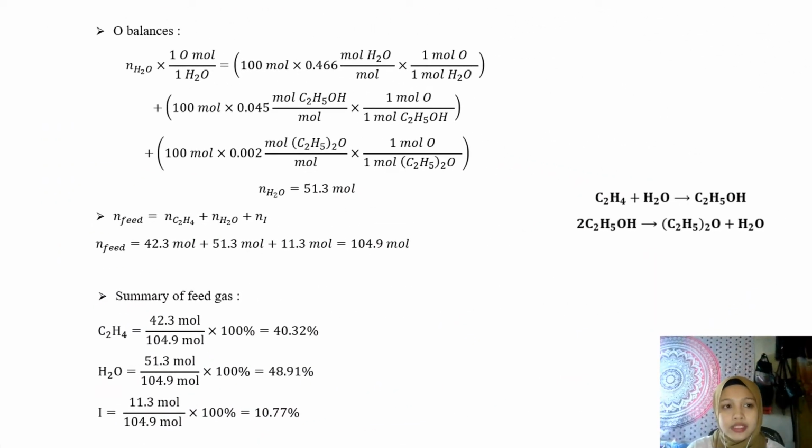From the previous calculation, we already have the number of moles of inert gas and the number of moles of ethylene. So one thing left to find is the number of moles of water at the input side. Now we use the O atomic balance.